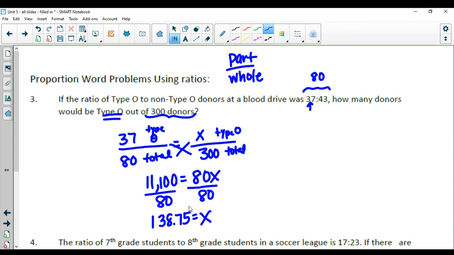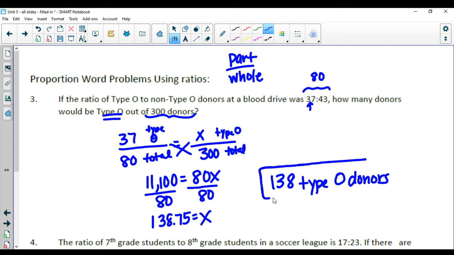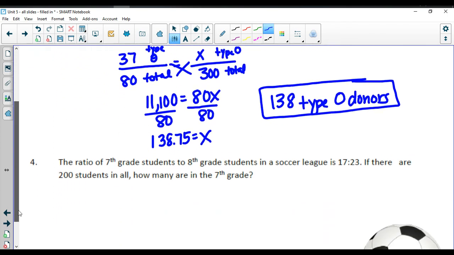Reality here is that I do not have a whole extra person. So I only have 138 type O donors. So when we're talking about people, we have to be careful with our rounding because that 0.75 is not going to count for a whole extra person there. So we have to round down in this case.